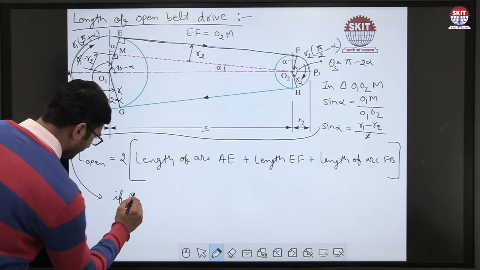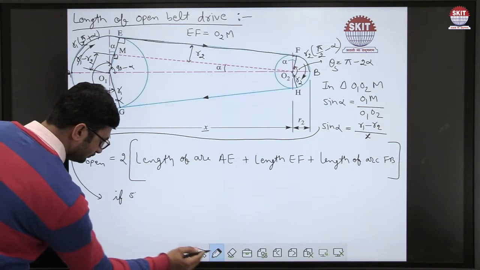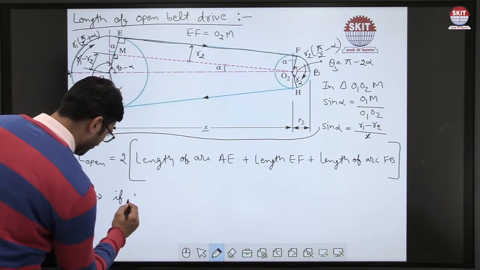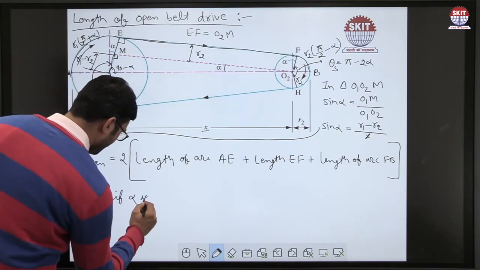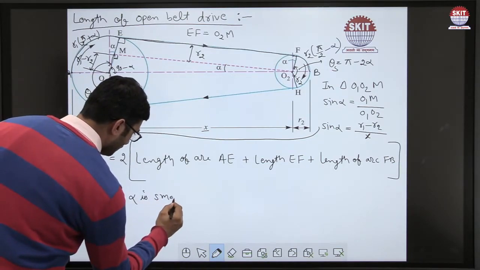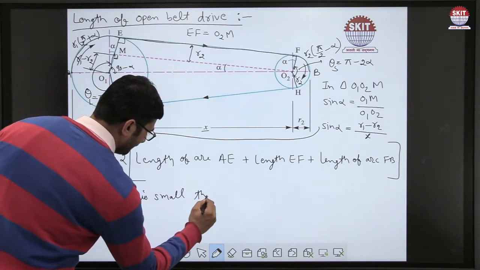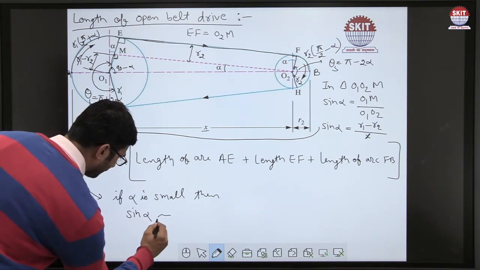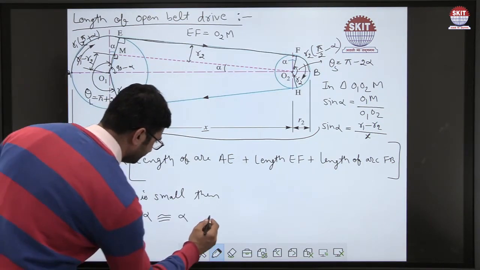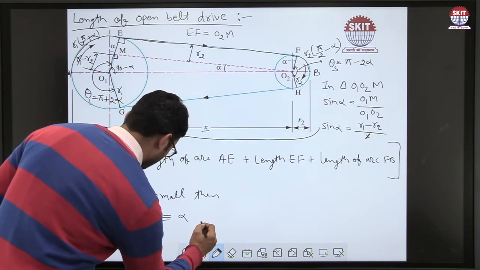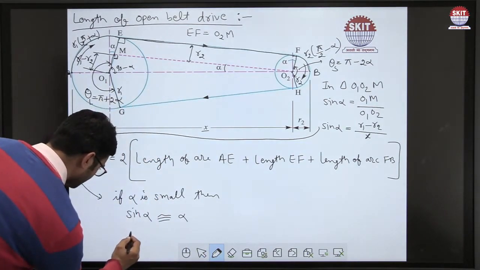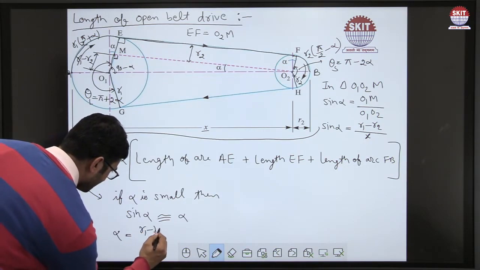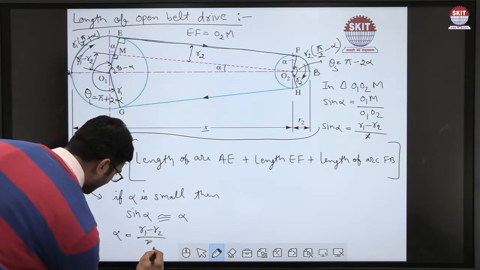If alpha is small, then sin alpha is approximately alpha, then alpha is equal to R1 minus R2 upon x.